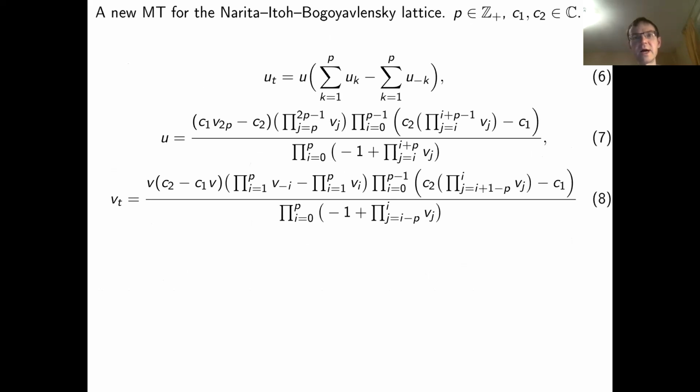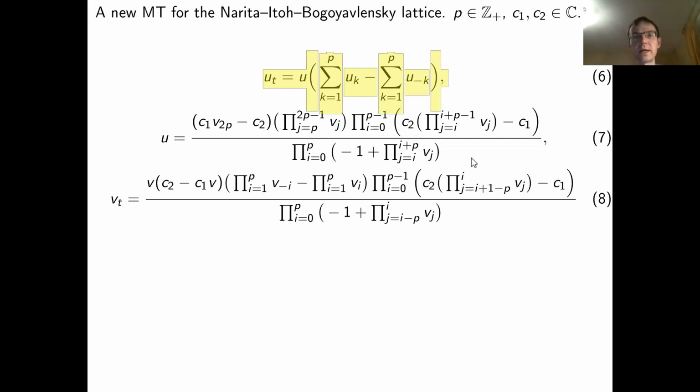And I would like to conclude by an explicit example. This is a quite well-known and celebrated equation, the so-called Narita-Itoh-Bogoyavlensky lattice. So you see, this is a differential difference equation for a function u of an integer variable n and a continuous variable t.